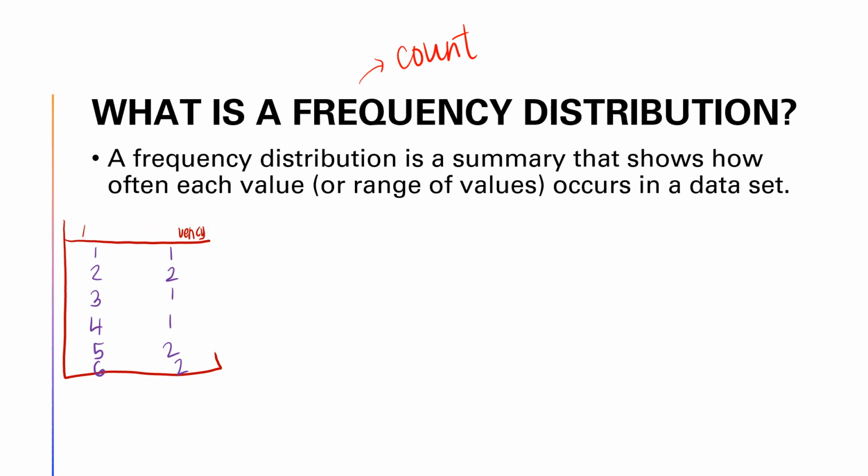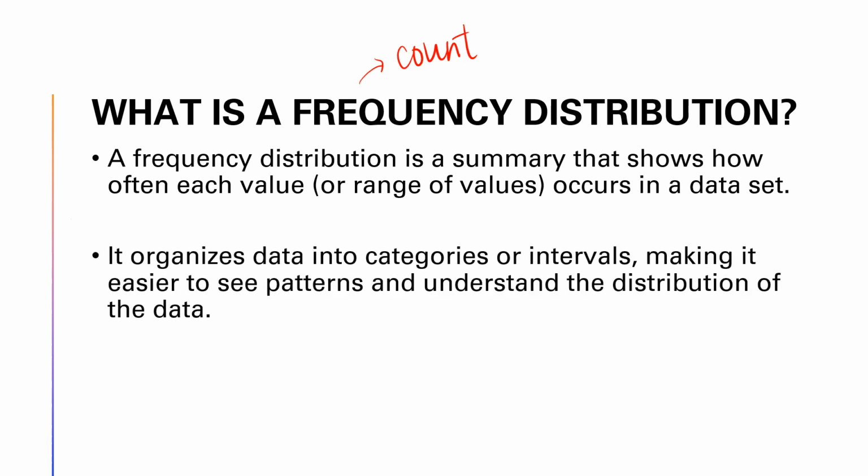Okay, so a frequency distribution is a way that we can summarize the data. It's going to show how often each value or range of values occurs. The main purpose of a frequency distribution is to organize the data.